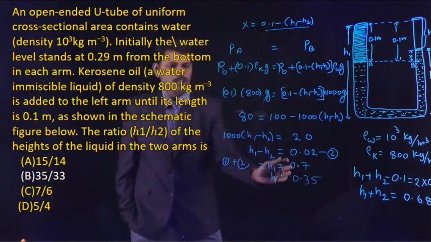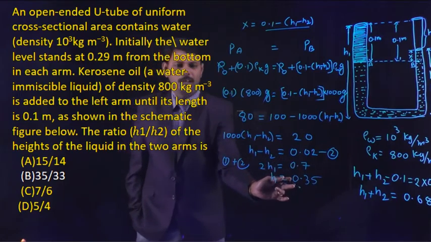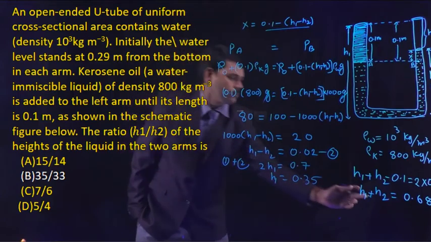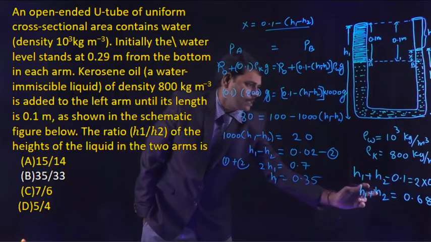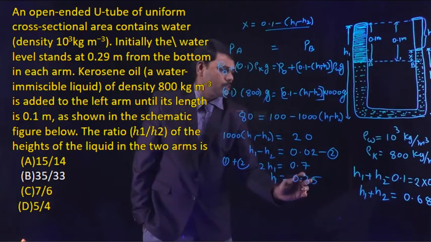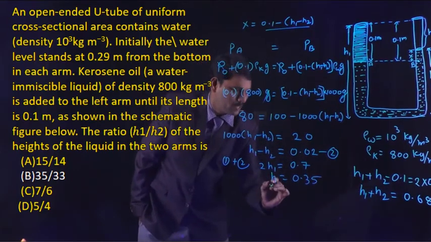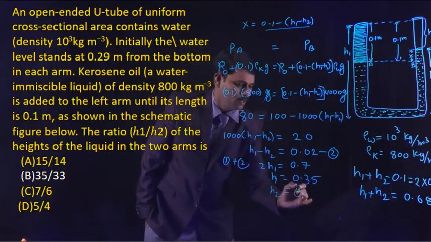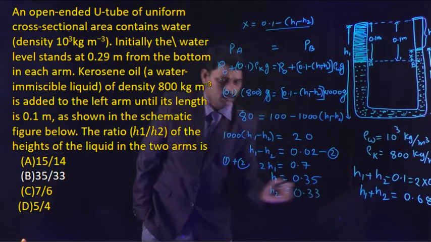Substitute H1 equal to 0.35 in equation 1, and we get H2 is equal to 0.68 minus 0.35, that is 0.33.